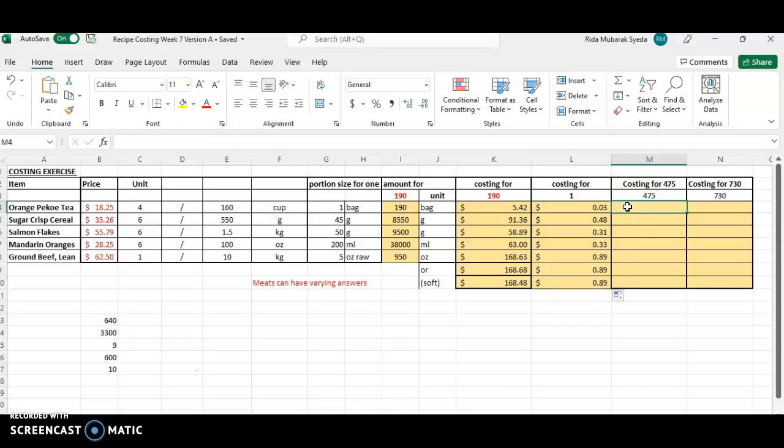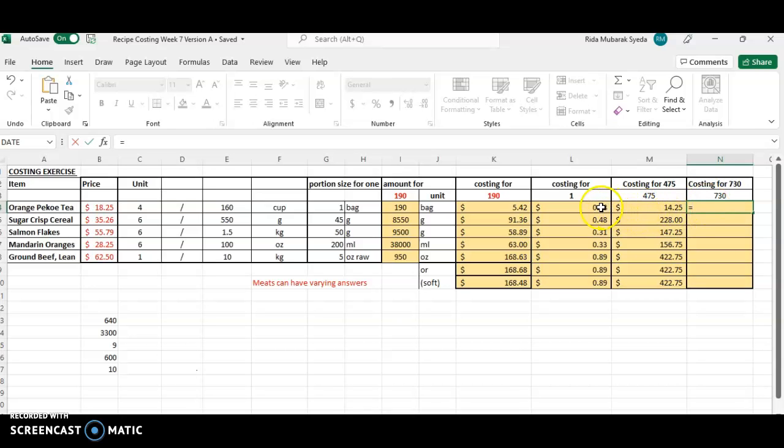And when I do the same thing on the other side, so this times this and absolute cell referencing again, enter, it gives me that, and when I drag it down, it gives me the right pricing. And I do the same thing on the other side. I just need to copy and do the same thing as I did for 475.